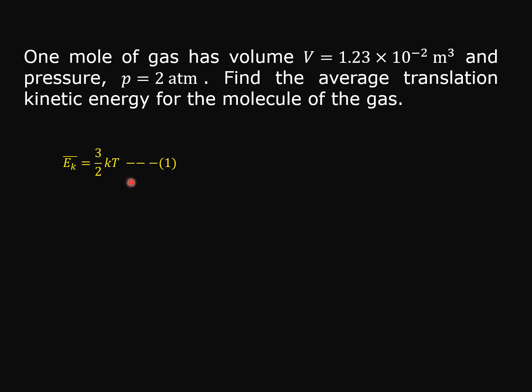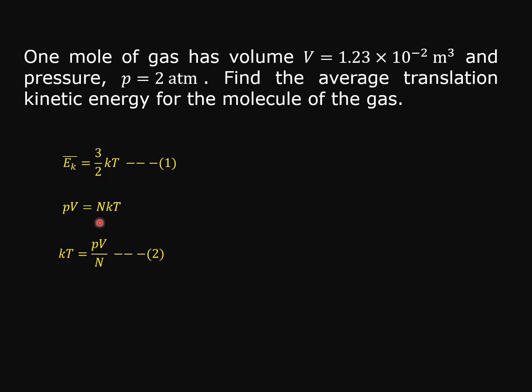What we can do is that we find the relationship between the T and the value of the P and the V given by the equations. To get the relationship between the temperature T and the pressure P and V, we can use the equation of state, which is the ideal gas law, where the PV equal to NkT.